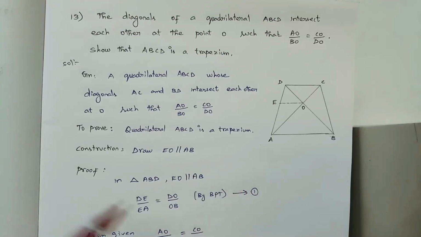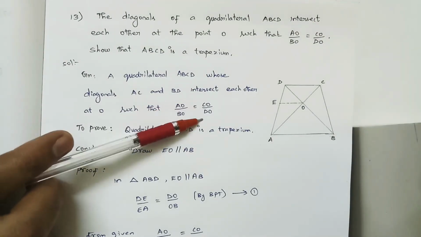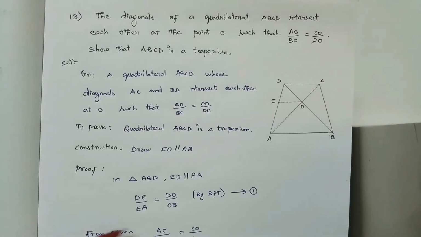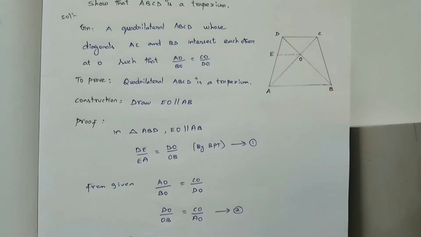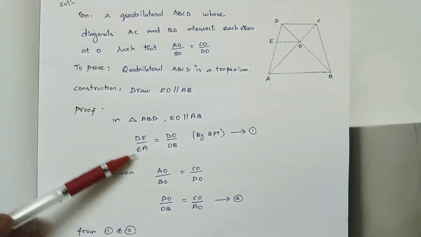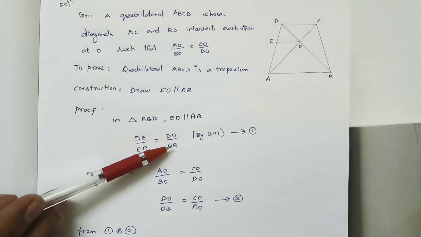And we already have one ratio in the given itself. What is the ratio? From the given, AO by BO is equal to CO by DO.